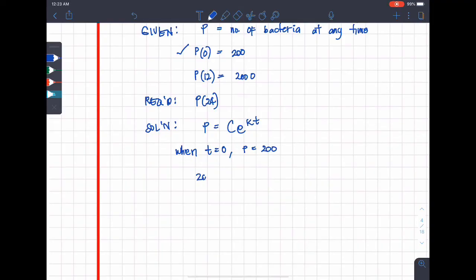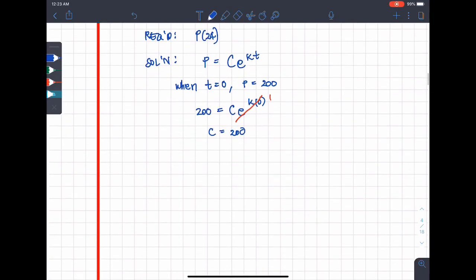So P is 200, and then C e^(k·0), where e to the 0 is equal to 1. Then C is equal to 200. Substituting this C into our original equation gives P equals 200 e^(kt).